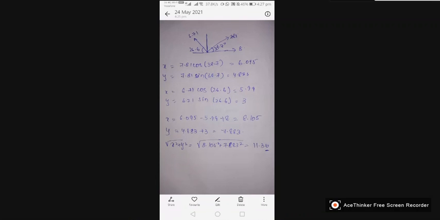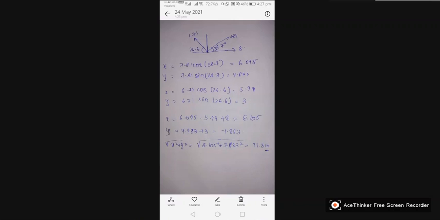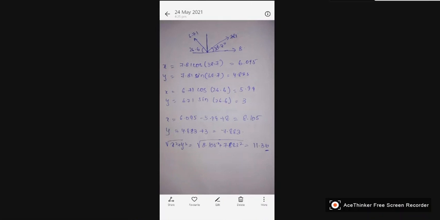Yes, correct. And the angle, of course, tan inverse of 7.88 by 8.105. Correct. Sir, shall I close the screen share? Yes, you close.